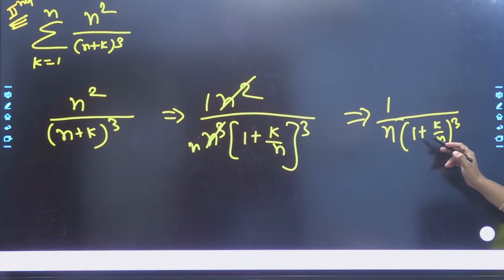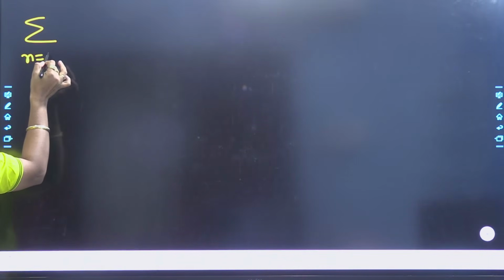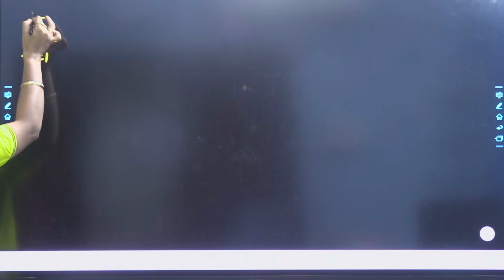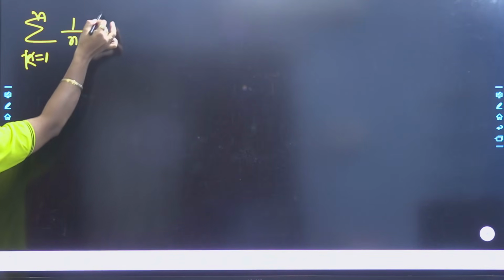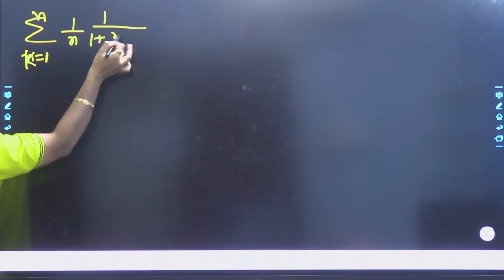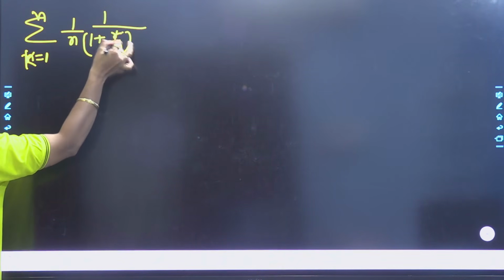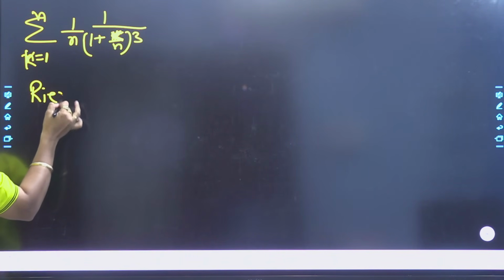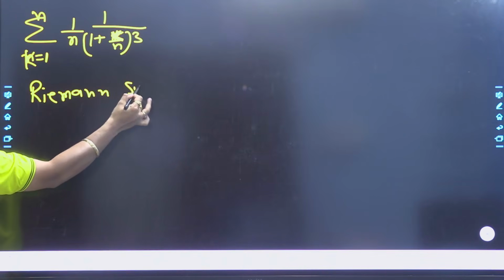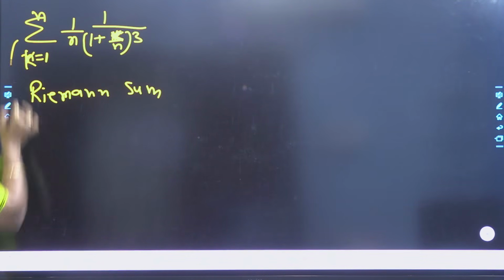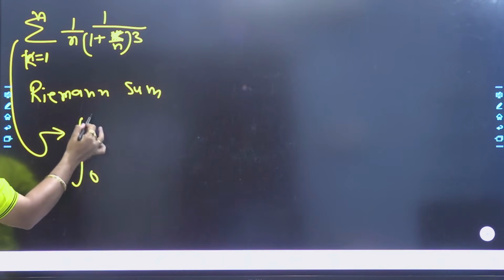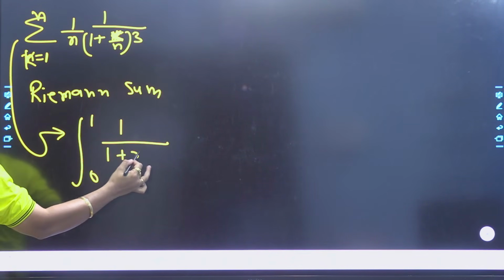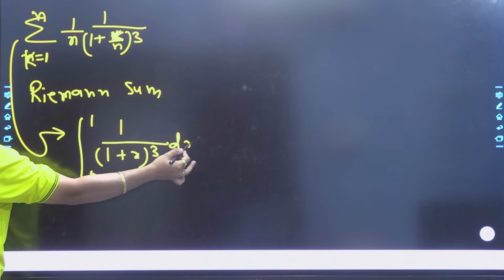Now here we can say this term is the summation from k equals 1 to n of 1 by n into 1 over (1 plus k by n) cube. So we can apply the Riemann sum and convert that to the integral from 0 to 1 of 1 upon (1 plus x) whole cube dx.